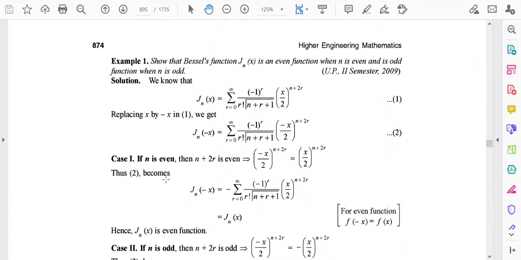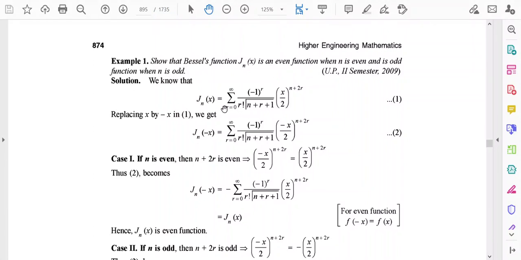But before that, we will discuss some facts. Suppose that there is an example. Show that Bessel's function Jn(x) is an even function when n is even and is an odd function when n is odd.